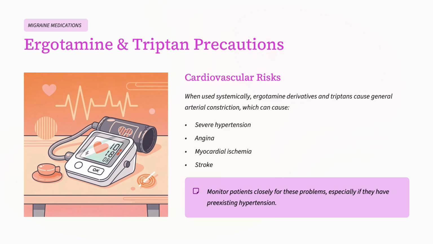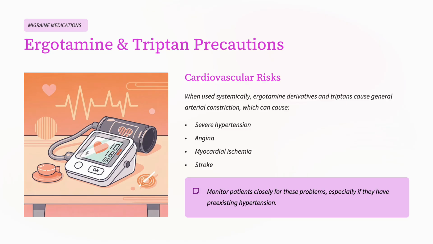And they can cause stroke. So we want to closely monitor our patients for any signs of these things, and maybe not give them if they already have high blood pressure or hypertension. These will cause the arteries to constrict.